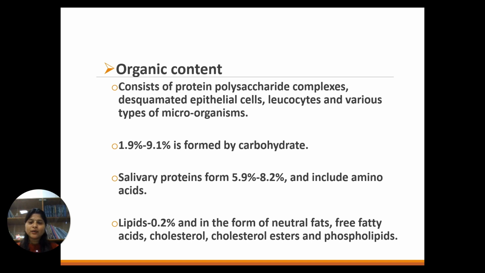Apart from 70 to 90% mineralized content, it contains 9 to 10% organic content consisting of protein polysaccharide complexes, desquamated epithelial cells, leukocytes, and a number of microorganisms. The protein polysaccharide complexes are formed from carbohydrates, salivary proteins, as well as lipids.